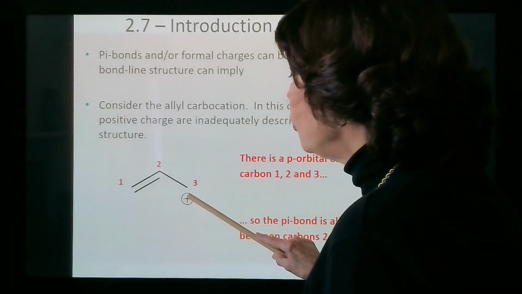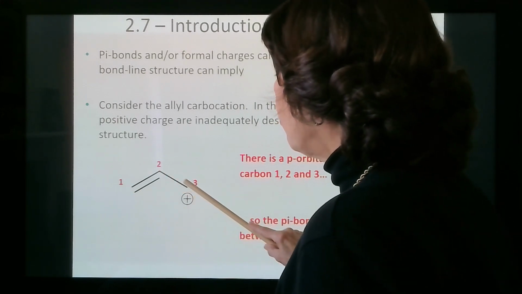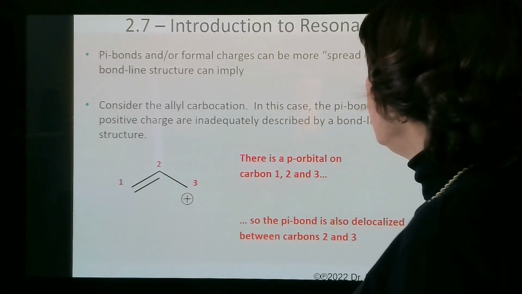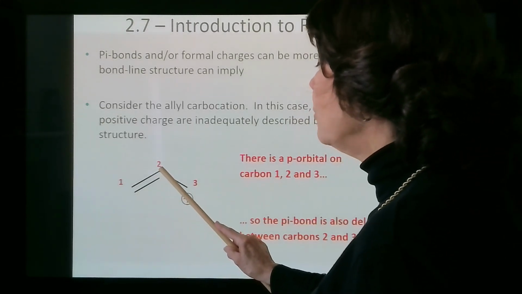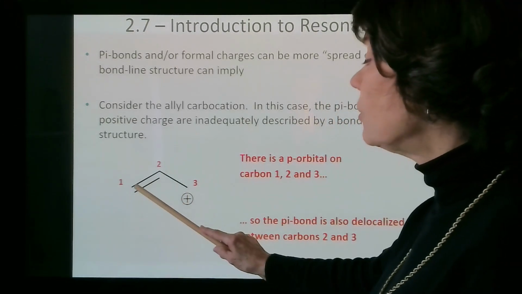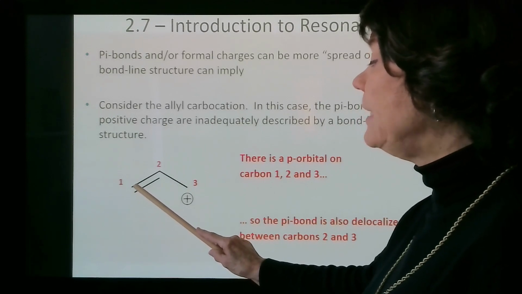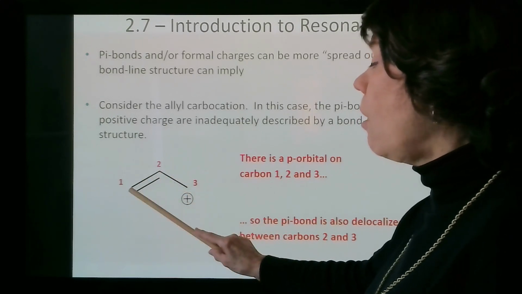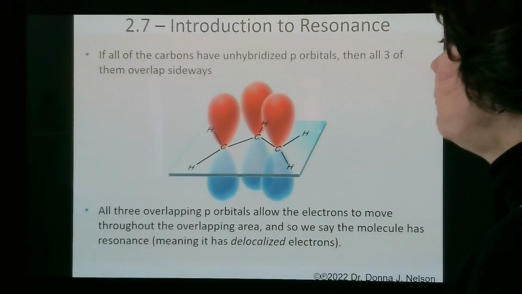This positive charge is spread out over this 1, 2, 3 carbon unit. There's a p orbital on carbon 1, a p orbital on carbon 2, and a p orbital on carbon 3. So this pair of electrons in this pi bond is actually delocalized over all 3 of these carbons, and we're going to look at that in more detail.